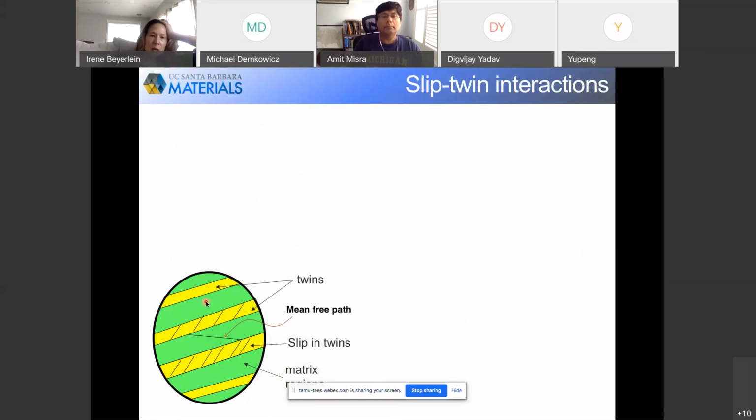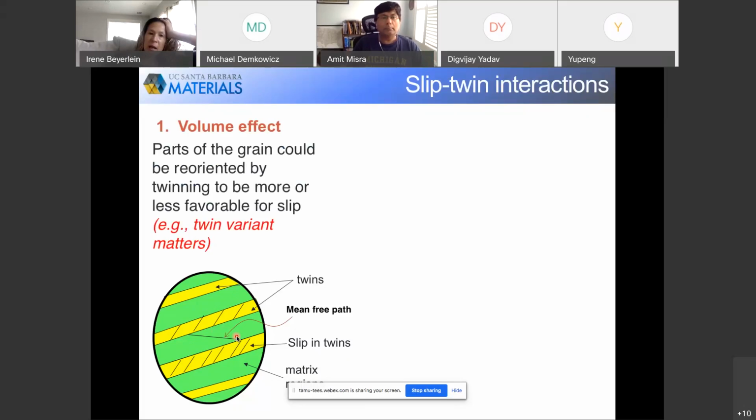As I've delineated here, let's say we pick a particular slip plane, and because of the reorientation caused by the twin lamellae, the same slip plane may appear differently in the matrix. So in the twin and the matrix, they would cause a reorientation of that plane.